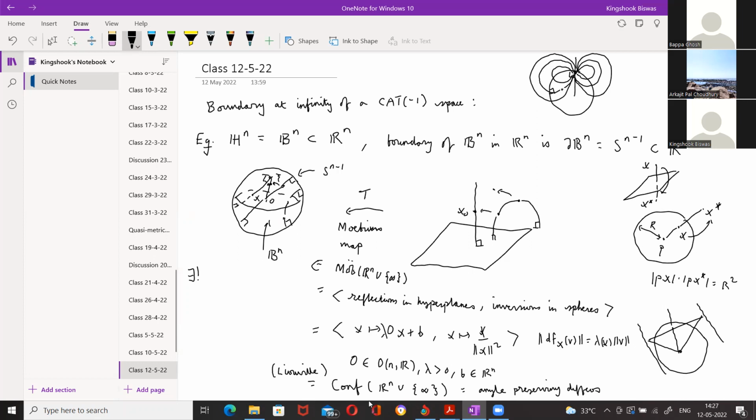I'll get this family of circles, right? And you can see for this family of circles, well, do they intersect the boundary at right angles? They don't, not all of them. Am I missing something? Wait, I'm missing something, I think.